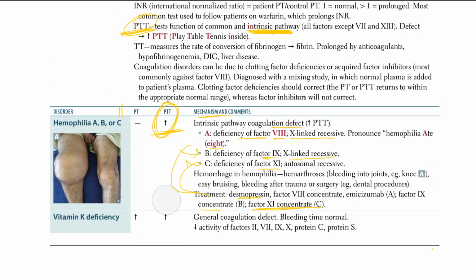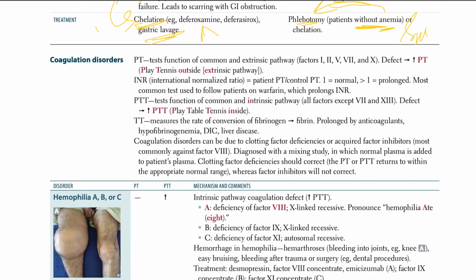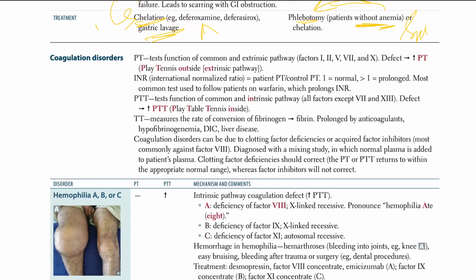That's pretty much what we have for vitamin K deficiency. So one thing that you should keep in mind all the time is that whenever you have a coagulation disorder, like a factor problem, any factor, you are going to have deep tissue bleeding.